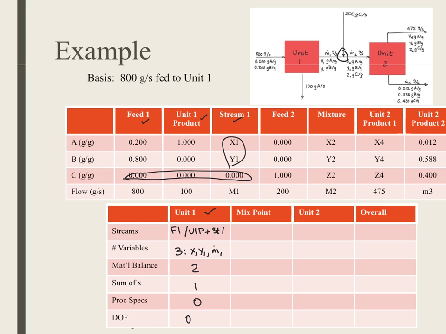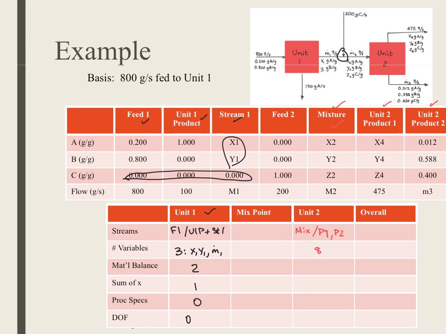So let's look at Unit 2. That's the next one that we feel like we understand, correct? So this one is going to be the mixture coming in, this stream. Well, that's a little hard to read. The mixture comes in, and then the 2 products come out. In those, I have 1, 2, 3, 4, 5, 6, 7, 8 variables.